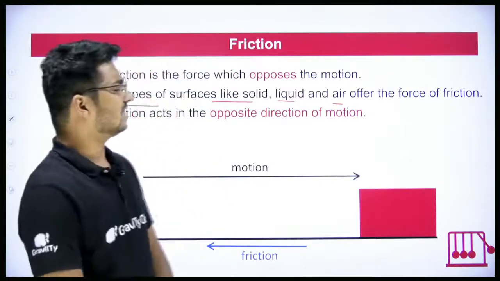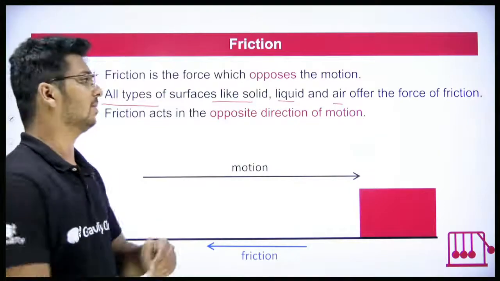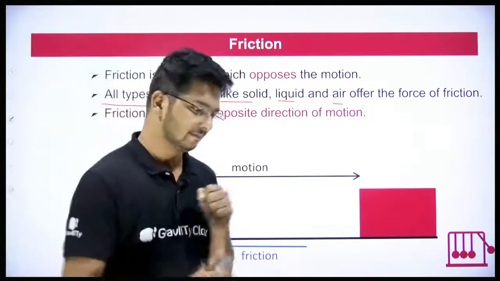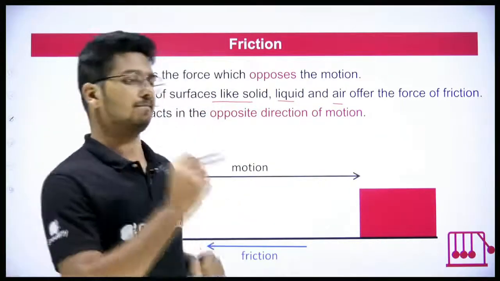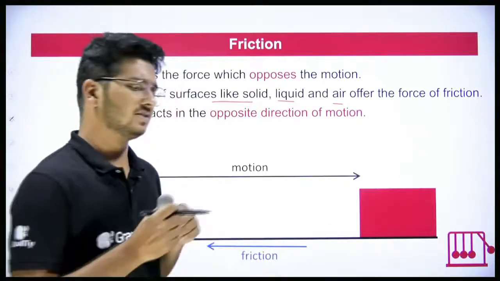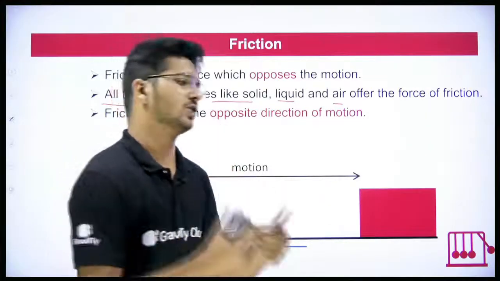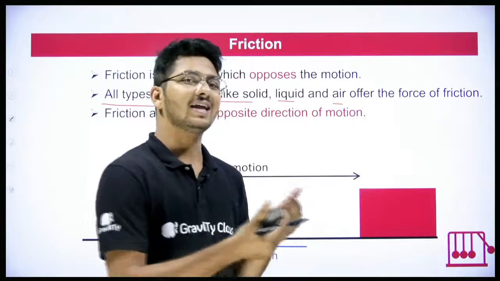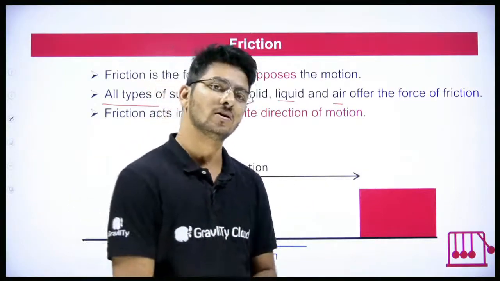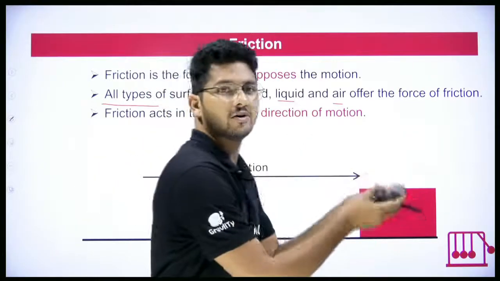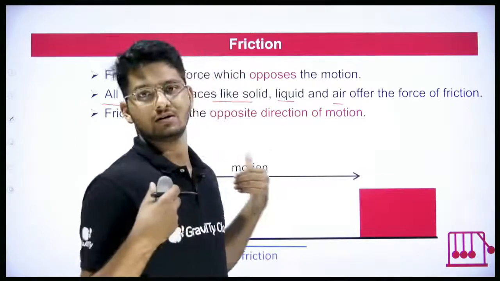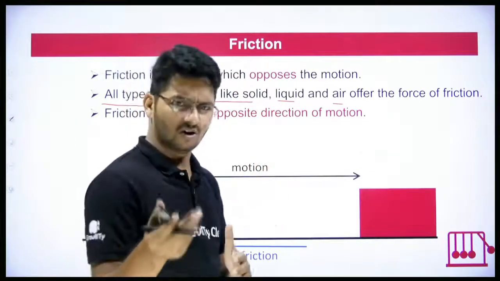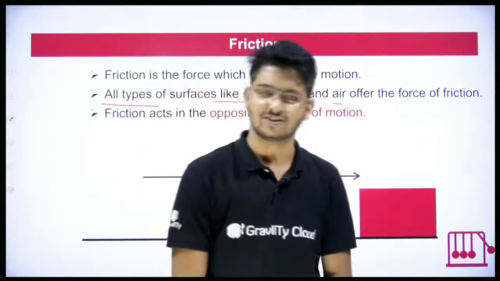Now, when does air offer friction? I'll give an example. Now, let's say you're cycling, a bit fast. Can you feel that air will be pushing you back? You're cycling forward and the air will be pushing you back. We can notice that. All of you would have noticed it. Yes or no?